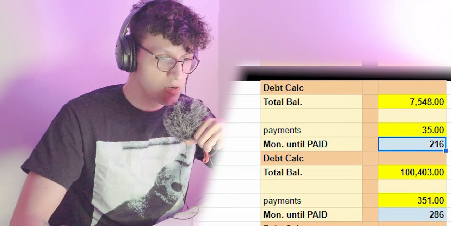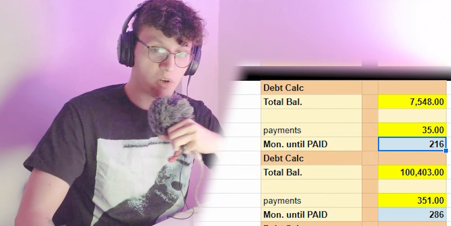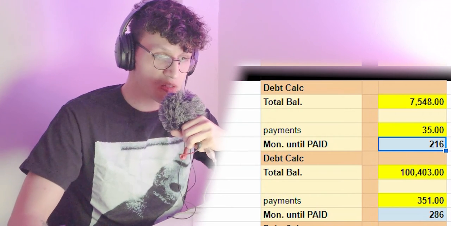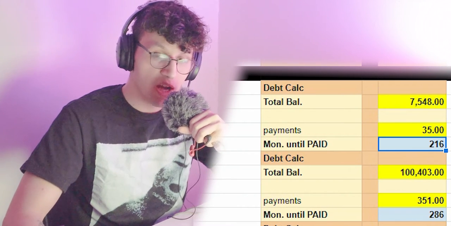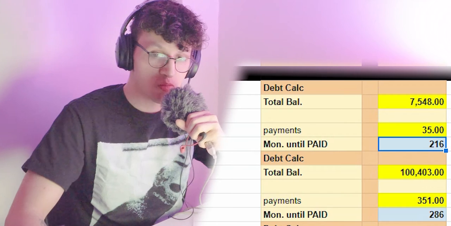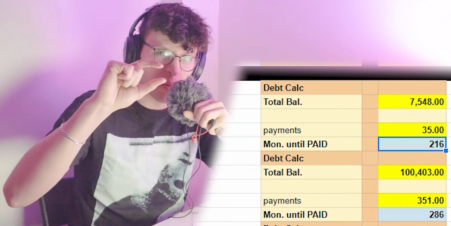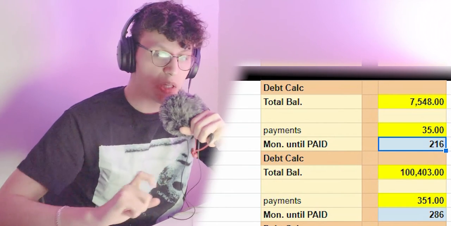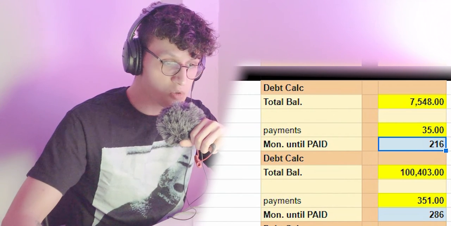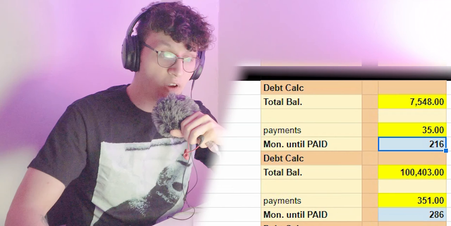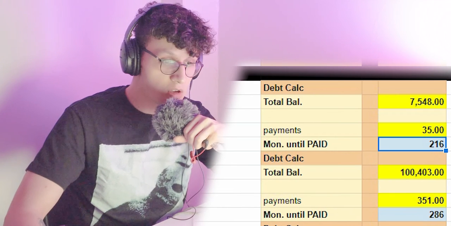That's ridiculous. Because if you know anything about interest, that means that each month that you don't pay off that balance, each time that that balance sits there onto the next bill, it gets a little bit bigger. Sometimes a lot bigger. And in some cases, that 216 months can easily turn to 500 if you're careless.